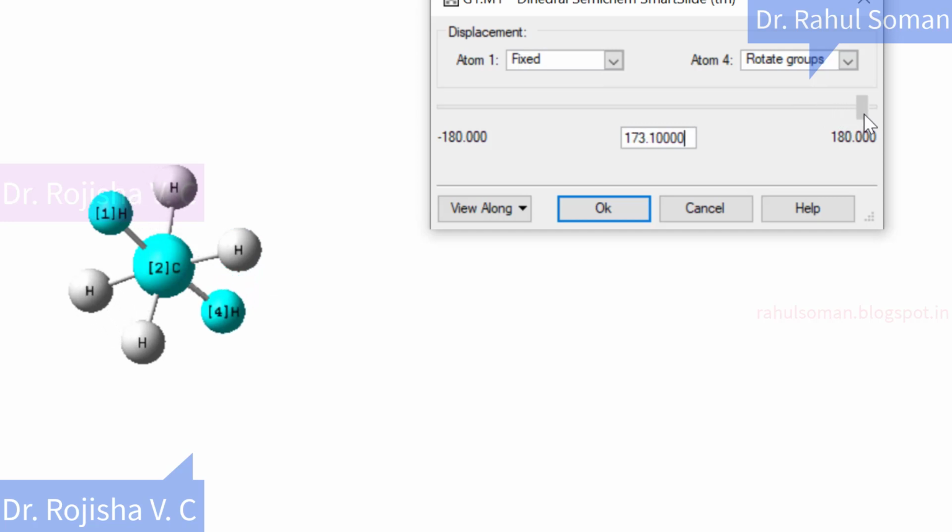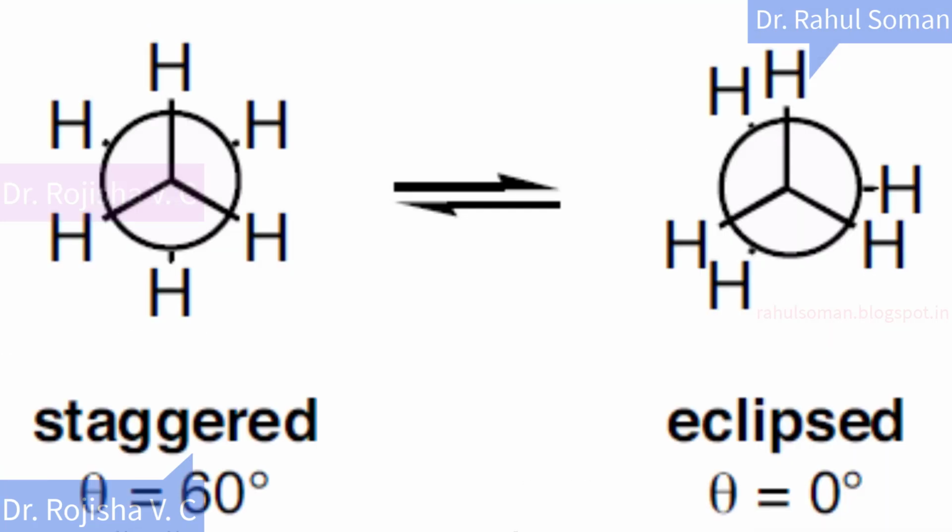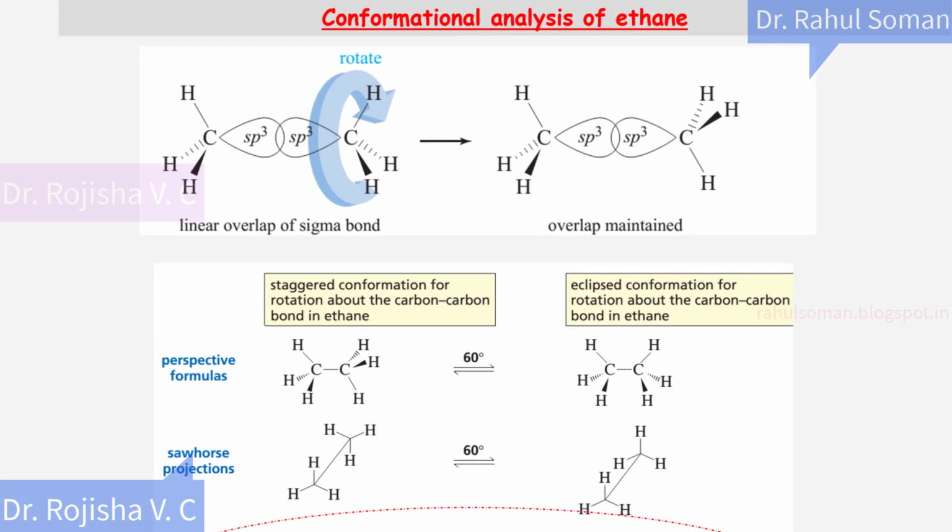One more thing: while showing this three-dimensional figure, we have seen the molecule through a Newman view. While dealing with conformational analysis, it is better to see the molecule in the Newman projection. So in the coming discussion, we will be talking in terms of the Newman projection.